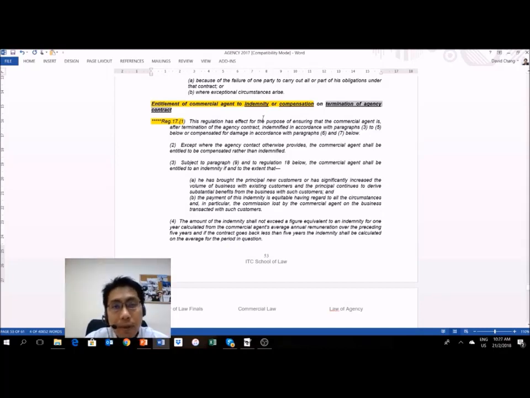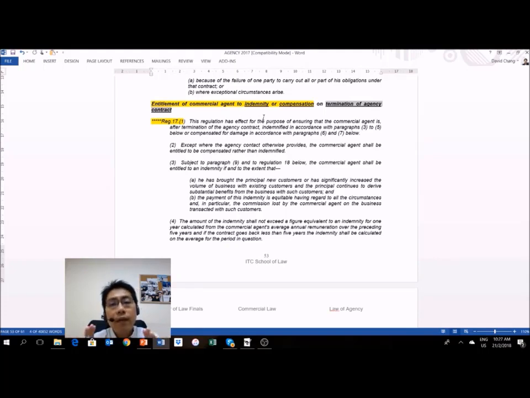For example, it had expired, the 5-year appointment of the agent has come to an end, and so naturally, even by way of contract law or common law, when the agency ends after 5 years, the parties will part ways and just walk.